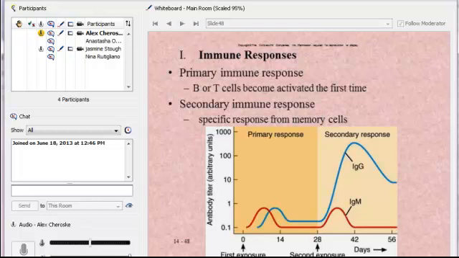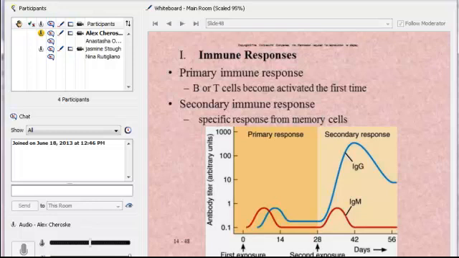And that's because the memory cells have been there, and they say, oh, I know this, I totally know how to get rid of this, and they're reproducing clones and printing out antibodies, and you get over it a lot faster than the first time.